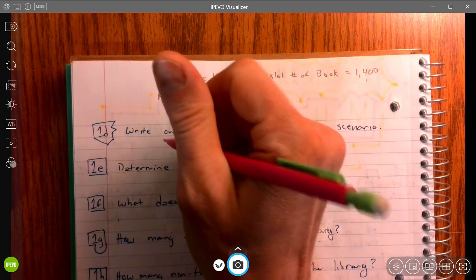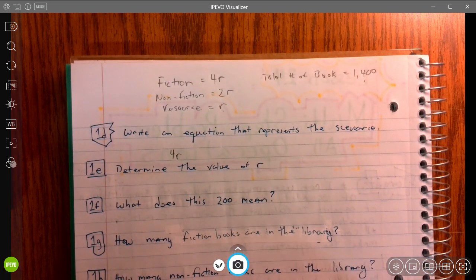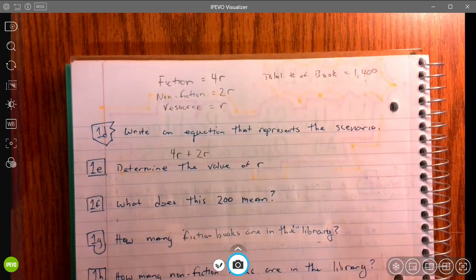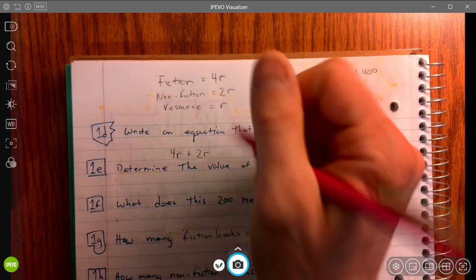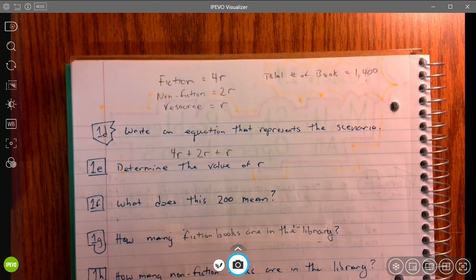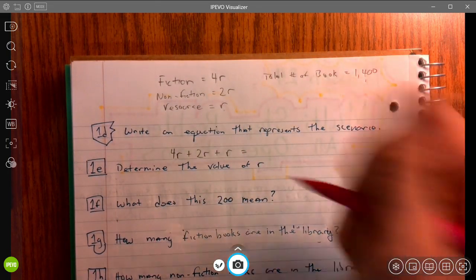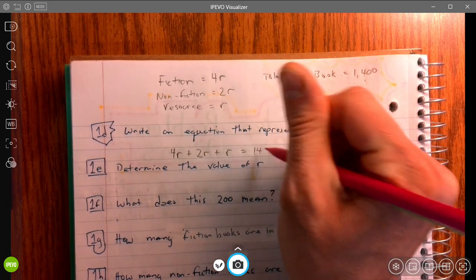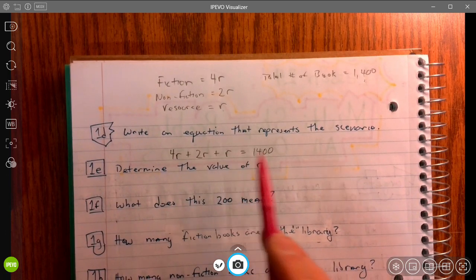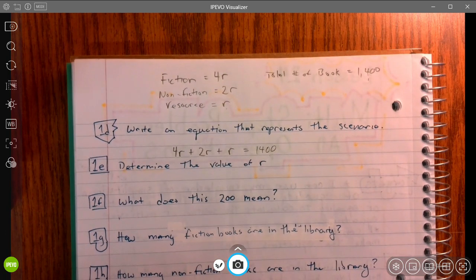So I'm going to write our expression for the number of fiction books plus our expression for the number of nonfiction books plus our expression for the number of resource books. And I'm going to set that equal to the total number of books. If I add up all the books, they should add up to the total number, which is 1,400.